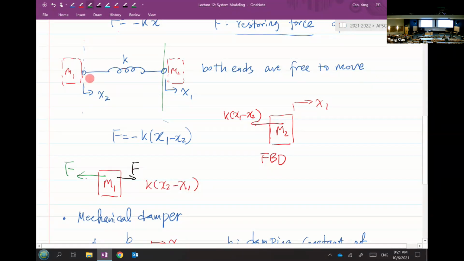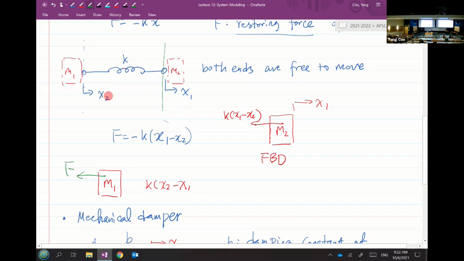But the force, according to this, is still in the opposite direction of X2, right? The restoring force. So the force you draw here should still be sketched as the negative direction of your X2 here.